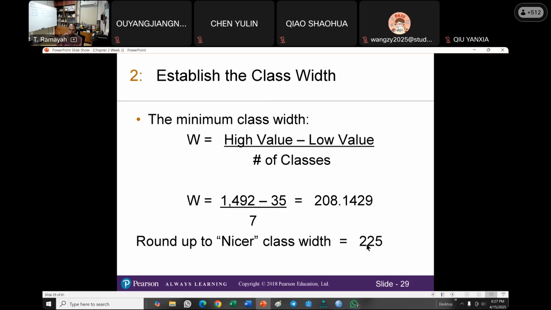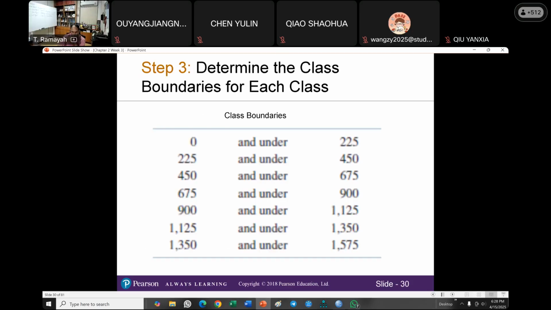So each group will contain the lowest value, and the highest value minus the lowest value will have a 225 second difference. That is what is meant by the class width. Okay, so here we have the boundaries.